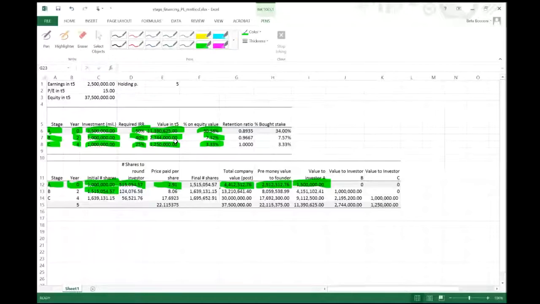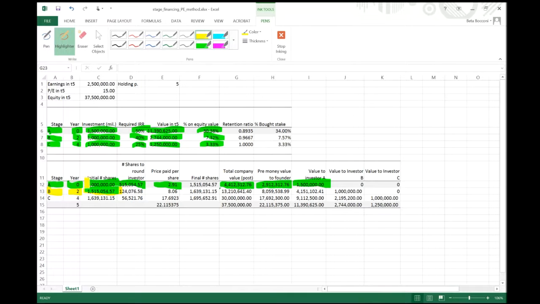Look carefully. In year number 2, investor B gets in. Investor B enters when the number of shares outstanding is now 1,515,000. We know that in the second round, investor B will buy 124,000 shares, and that he will buy them at 8.06.